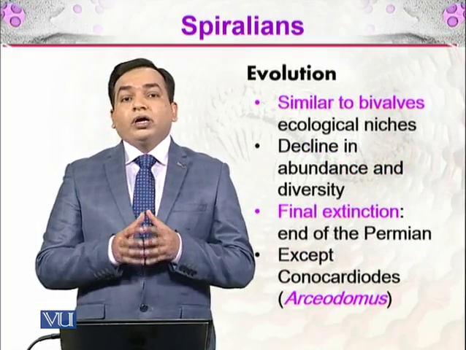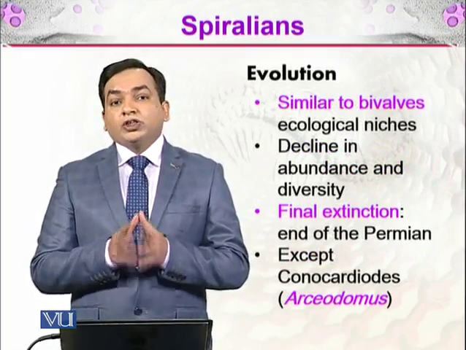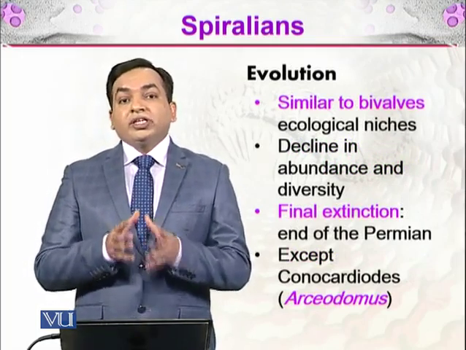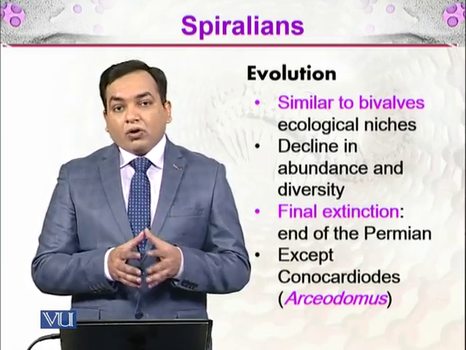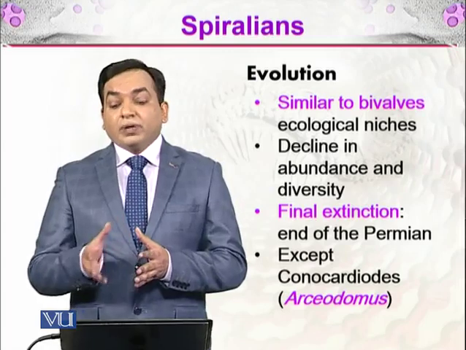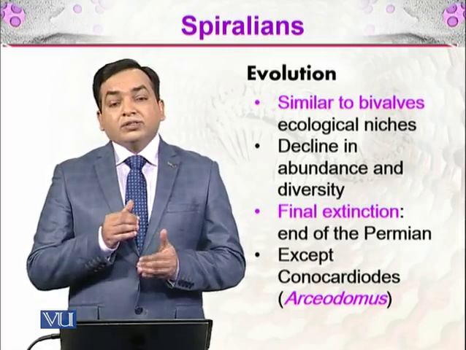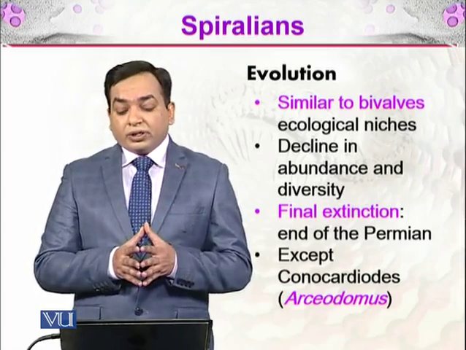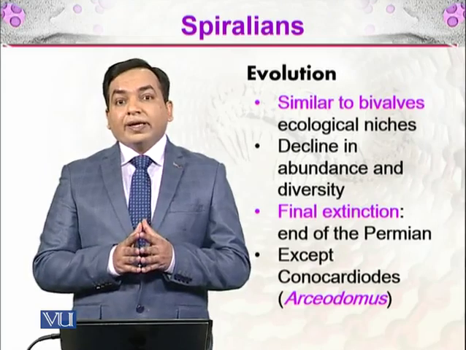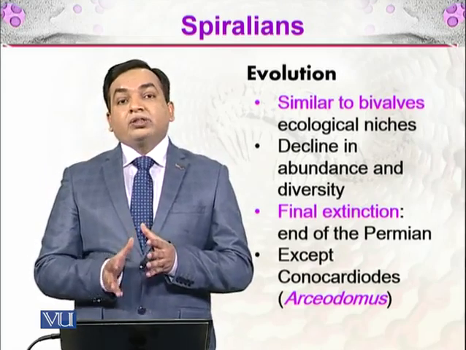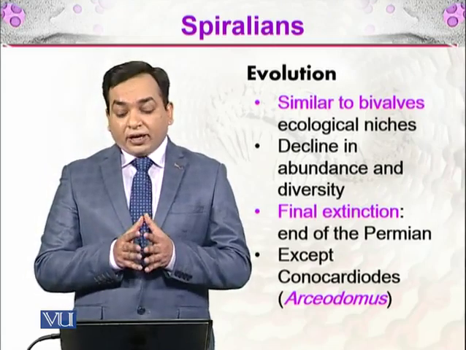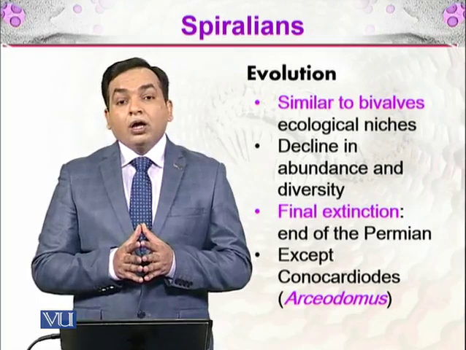In evolution and in morphology, they are much more related to the bivalves. And if we look at the ecological niche in which they were living, or the jobs in an environment that they were doing, these were pretty much similar to the bivalves. After the Tommotian and Katian, there was a decline in the abundance and in the diversity of these organisms, until they finally became extinct at the end of the Permian.